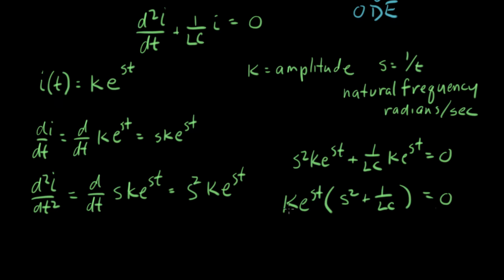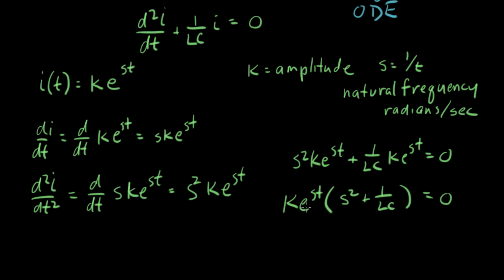Okay, I can make k equal to 0, and that would mean that 0 equals 0. So our amplitude would be 0. If we put nothing in the circuit, we get nothing out. That's totally boring, so that's not so interesting of a solution. Now, does e to the st ever become 0? It never does. If I let t go to plus infinity and s is negative, then e to the st would become 0.